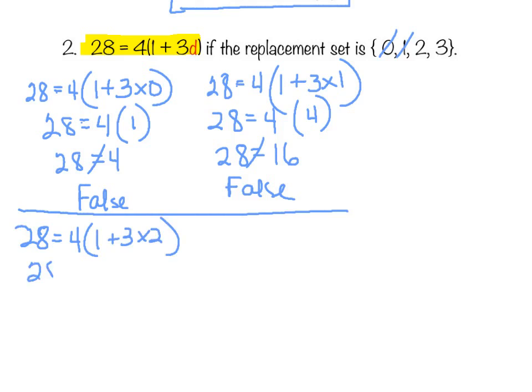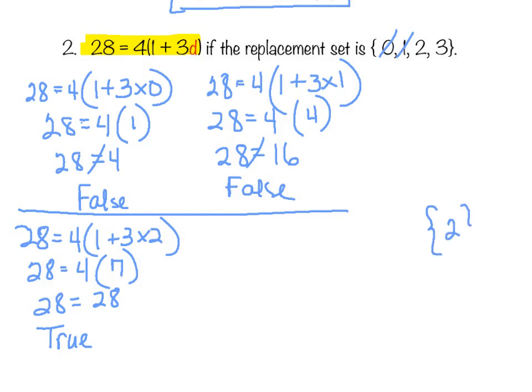So 28 equals 4 times, 3 times 2 is 6, 1 plus 6 is 7. 28 equals 4 times 7. 4 times 7 is 28. 28 equals 28. The answer is true. Therefore, 2 is the solution for this equation. So the solution set is 2.